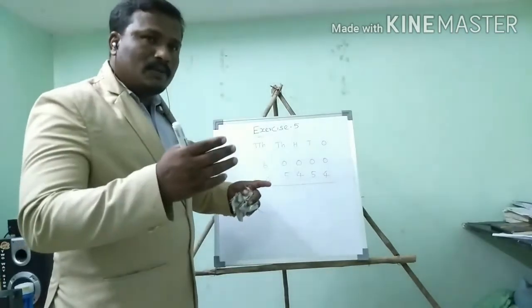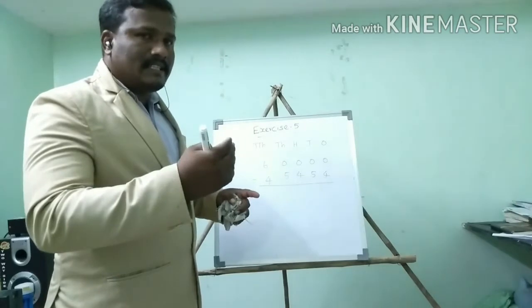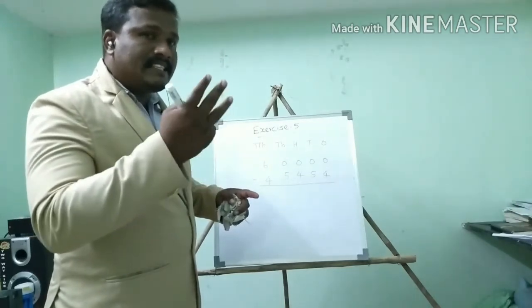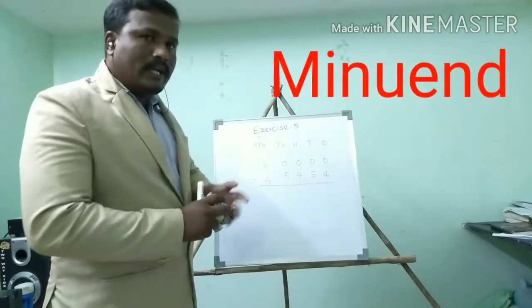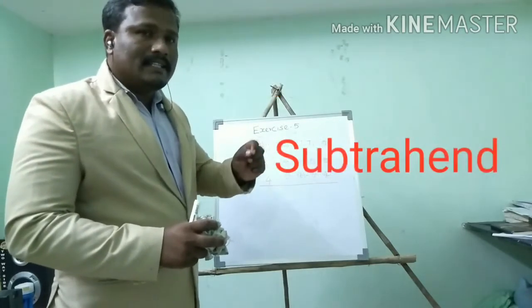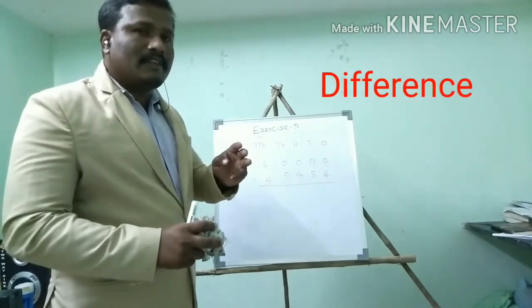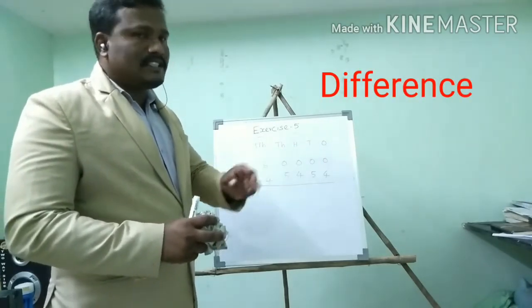I already told you in the last video, whenever you do subtraction, we remember three important words. One is minuend, the second is subtrahend, the third one is difference. These three words are important in this subtraction sum.